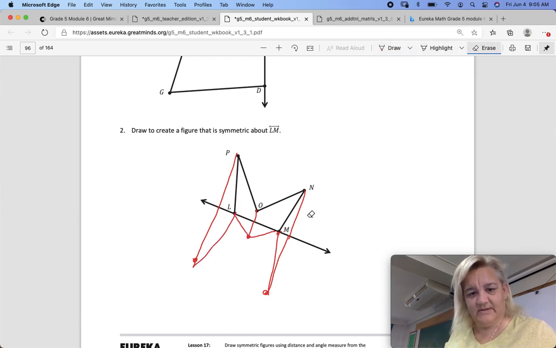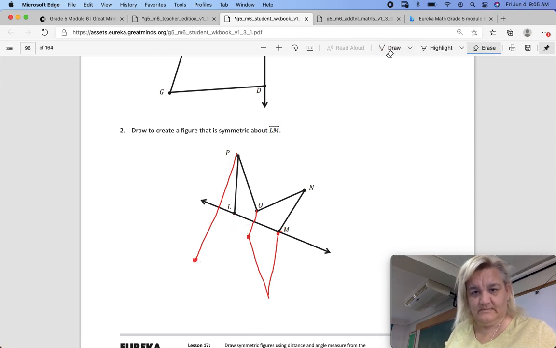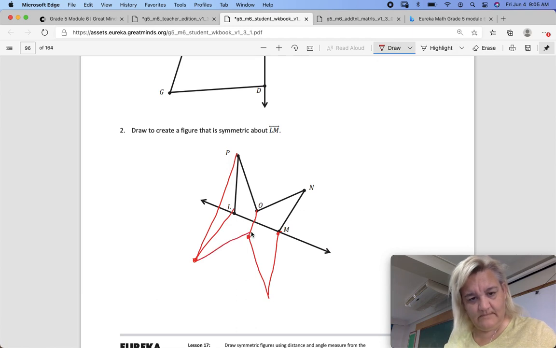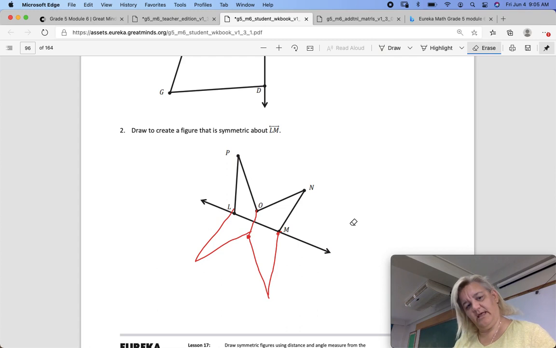And then I can take away the lines on the outside. Oh, this is the wrong one. And there I've created a symmetrical figure.